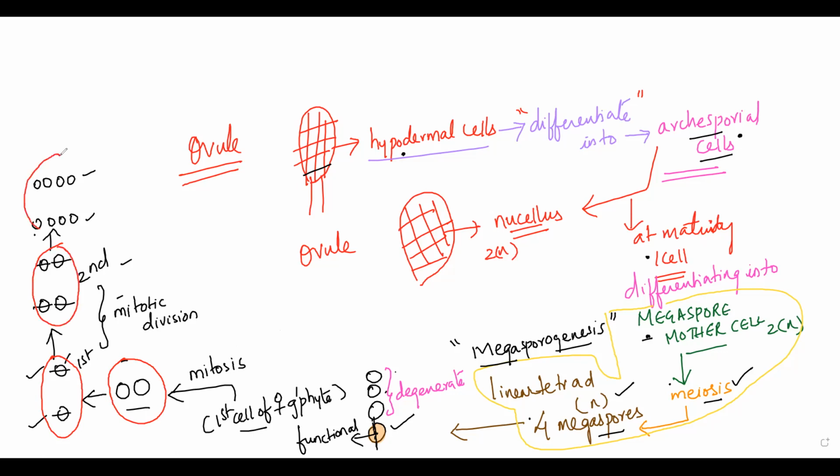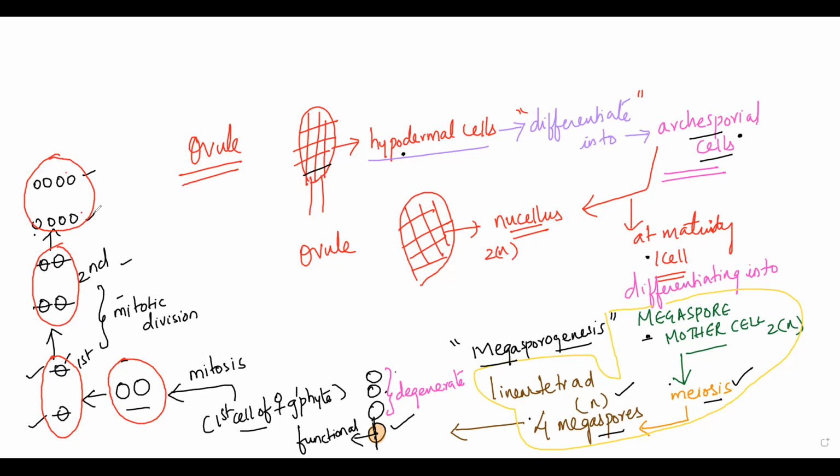And now the megaspore is comprising of what? 4 nuclei at each pole. Is it clear for you now? So the functional megaspore has got how many nuclei first? It has got one nucleus which has divided by mitosis, produces two, moves to the poles, and they undergo two phases of mitotic divisions, and later they form four nuclei at each of the poles.